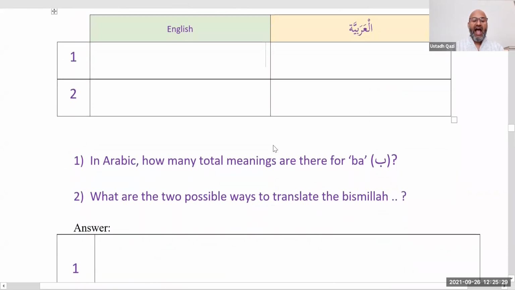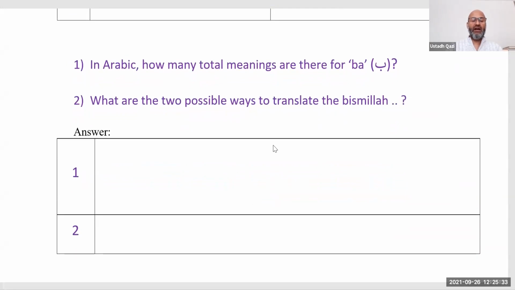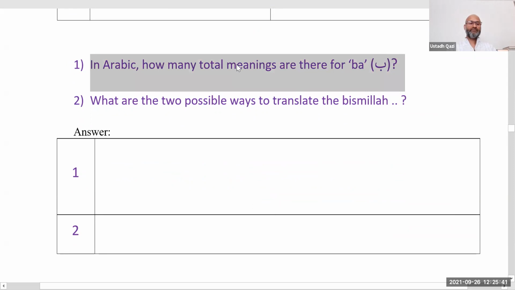And finally, how many total meanings are there for the letter Ba according to Arabic grammarians? Yes, that is correct. There are 13 meanings.